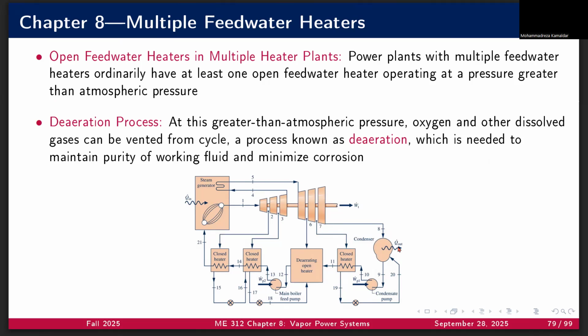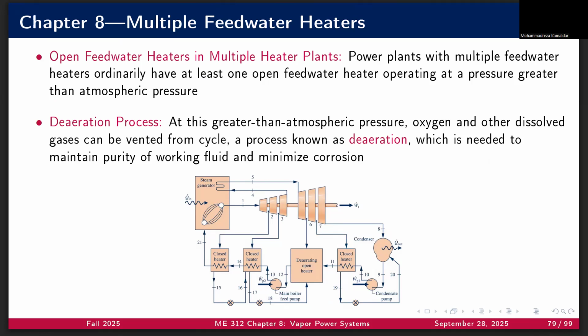In this unit, the main feed water flow, the extracted steam, and any trapped condensate all mix at a common pressure. This direct mixing ensures that the feed water is brought into direct contact with the steam, which facilitates the flashing of dissolved gases out of the liquid phase. These gases are then collected and safely vented.